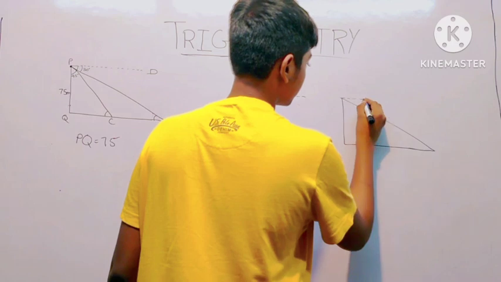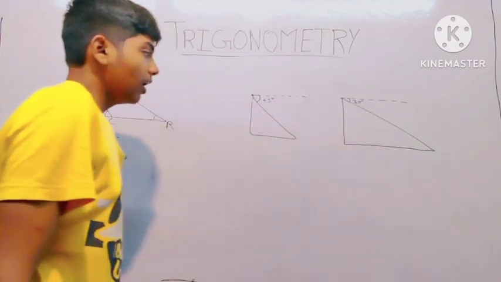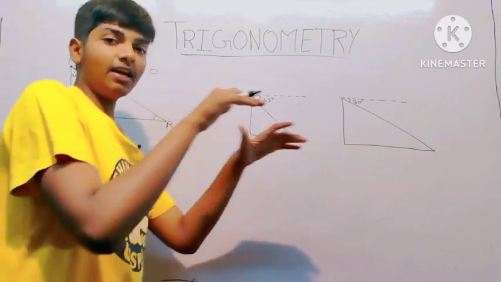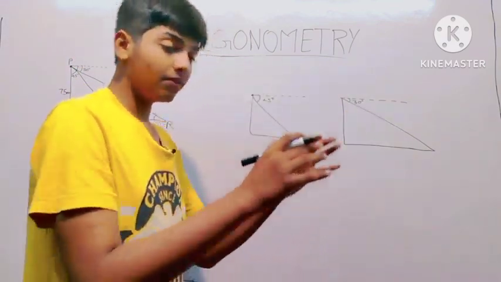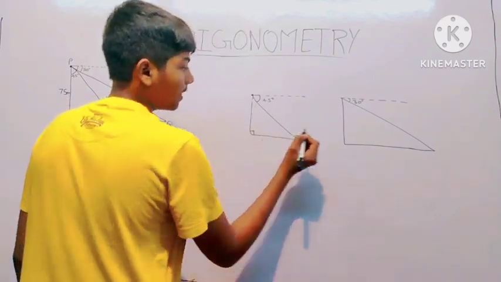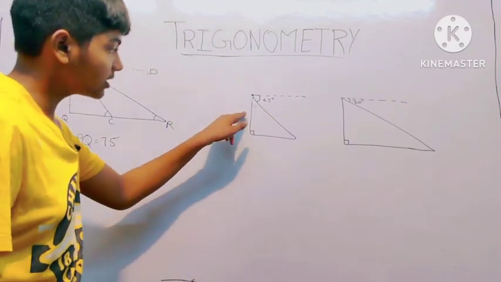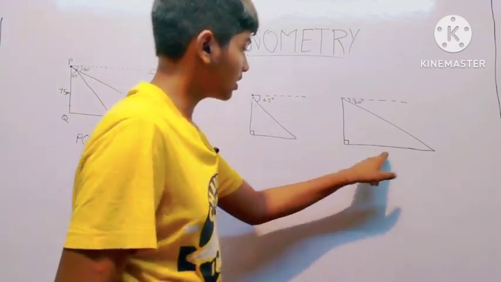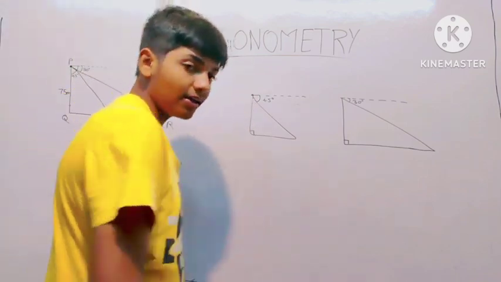So this one was 30 degrees, correct? Now what we can see is that the lighthouse is built perpendicular to the ground. That is why these two angles become right angles. This is the ground, this is the lighthouse. Now we draw the horizon from the observer.